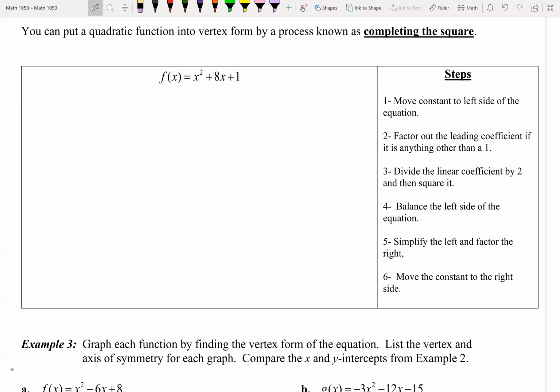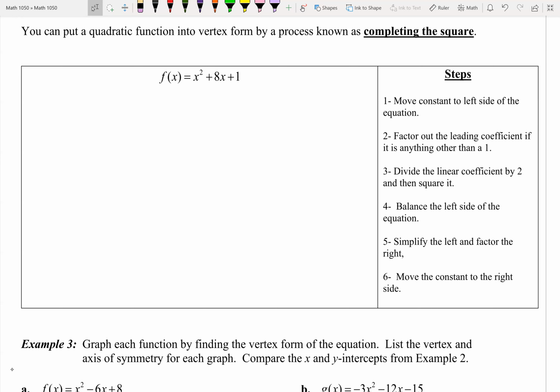Okay, step number 1. Take the constant, which is a 1, and move it to the left side. So everybody write down f of x minus 1 equals x squared plus 8x. Step number 2, factor out the leading coefficient if it's anything other than a 1. The leading coefficient is the number in front of the x squared.